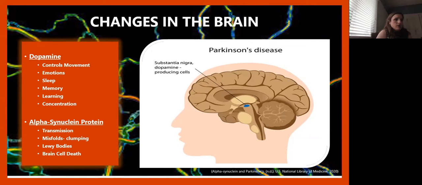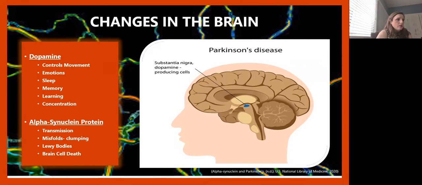Normally, these cells produce a chemical messenger called dopamine, which transmits signals from the brain to produce smooth physical movements. But again, when these dopamine-producing neurons are damaged or die, that communication between the brain and the muscle weakens. And eventually the brain becomes unable to control the muscle movement.